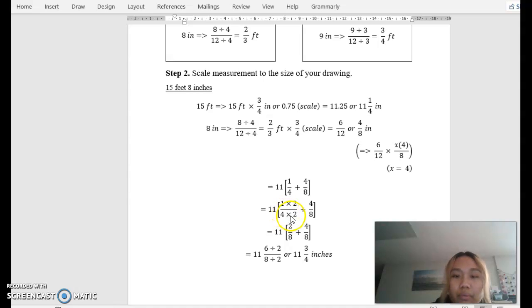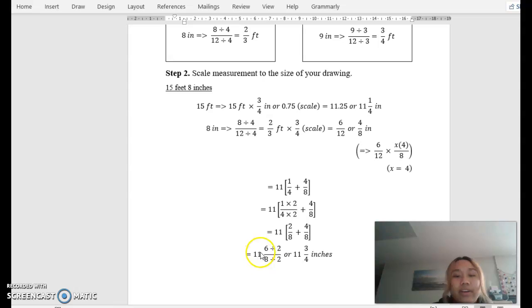Whatever you do to the bottom, you do to the top: 4 multiplied by 2 gives us 8, and 1 multiplied by 2 gives us 2. Now we can add them because they have the same denominator. That gives us 11, then 2 plus 4 gives us 6, and for the denominator 8 plus 8, I just copy the denominator, which is 8.